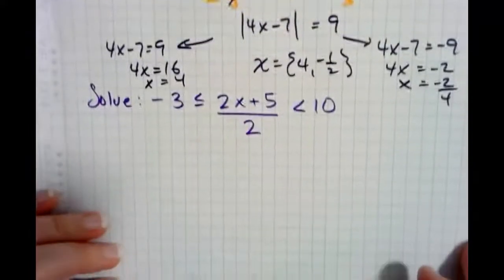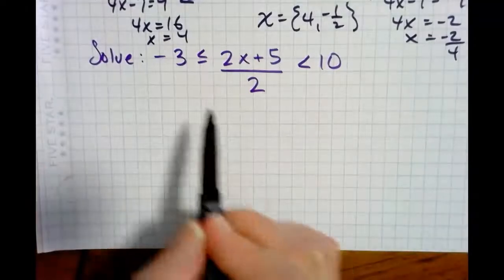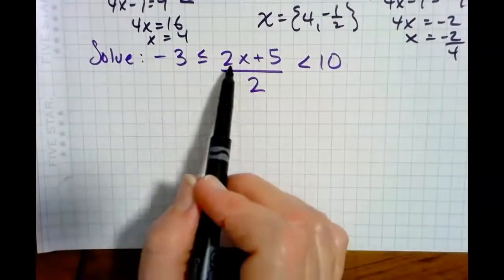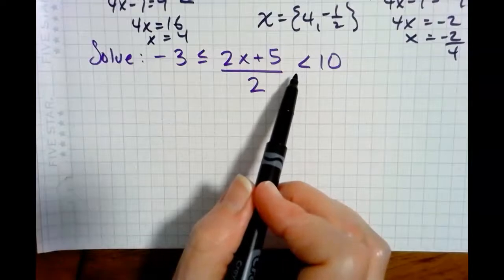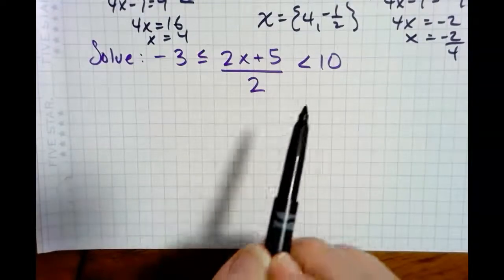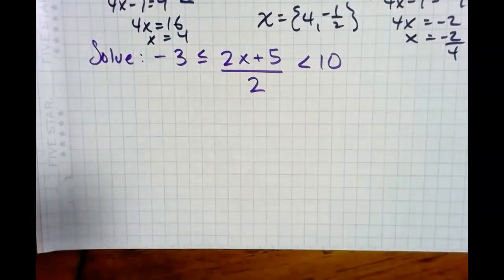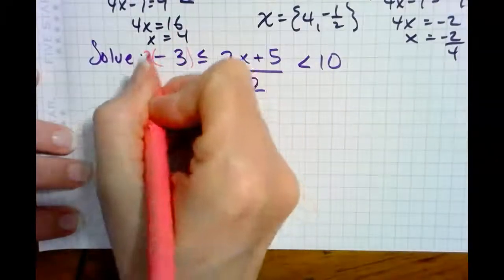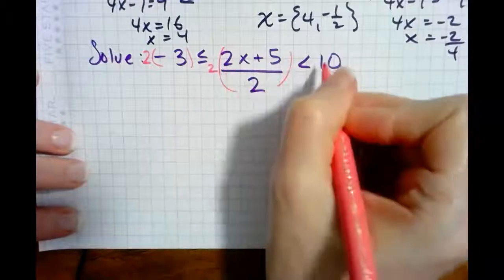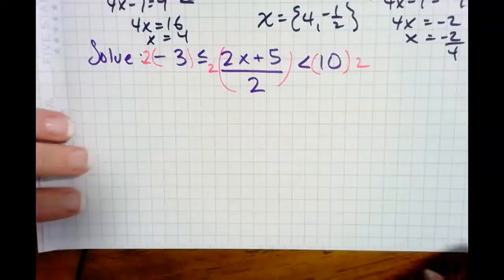Next, negative 3 is less than or equal to (2x plus 5) over 2, which is less than or equal to 10. The first thing we can do here is realize that this is a compound inequality, and let's get rid of that 2 by multiplying everything by 2.